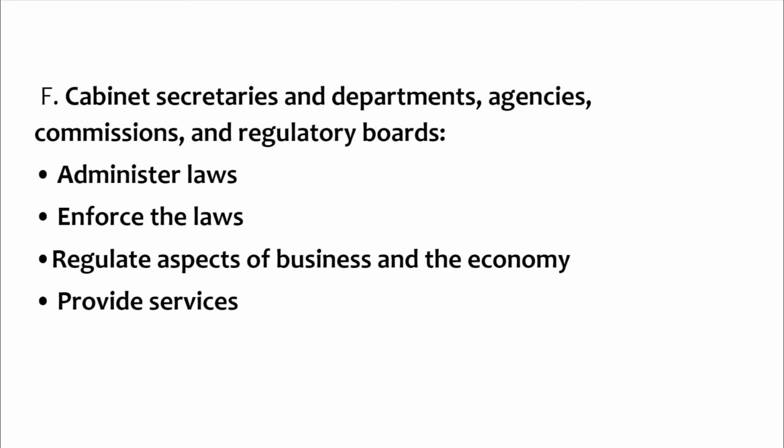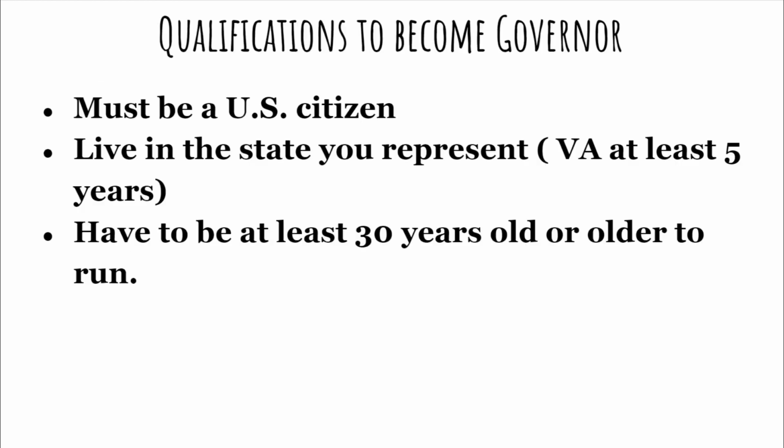In Virginia specifically, the cabinet helps the governor understand specifics that are going on within the state. That's big to note, because just like at the federal level, the president doesn't know every single thing that is out there. It's almost impossible. That's why they have people in those departments, agencies, and commissions that help them throughout their 4-year term.